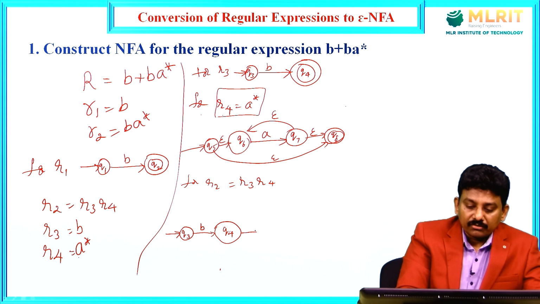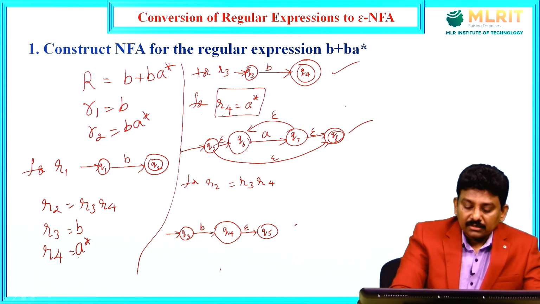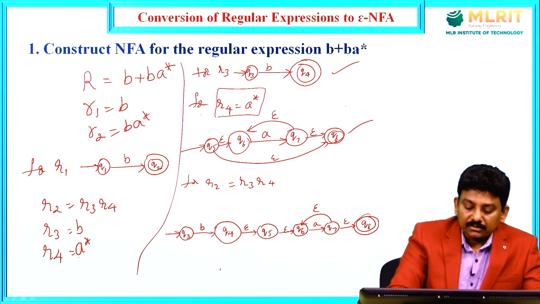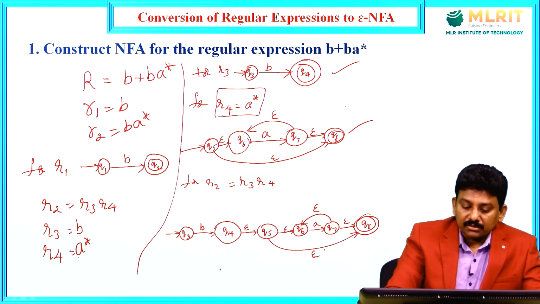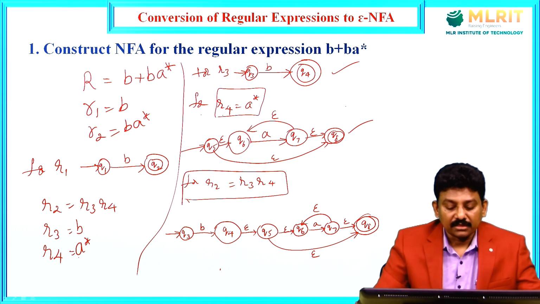This is no more a final state now; epsilon goes to Q5. So, concatenating this and this: Q5, Q6, Q7, Q7 to Q6 epsilon, Q8 is the final state, and an epsilon transition from Q5 to Q8.